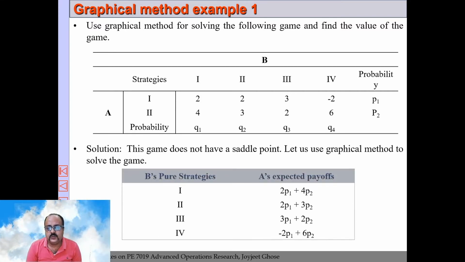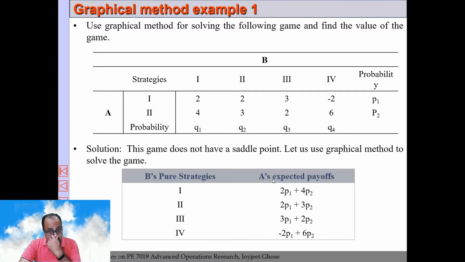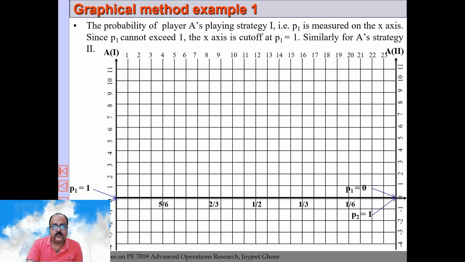Now how to solve it by the graphical method? For B's pure strategy 1, the expected payoff is this one for A. Similarly, the 4 equations can be written like this. We'll be plotting these 4 equations on a graph paper.